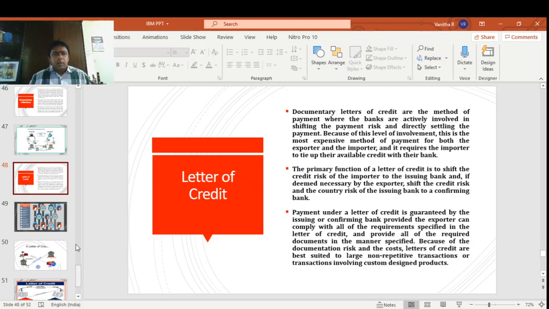So, like I've told you earlier, letter of credit is the most expensive, but it is 0% risk. It is a risk-free mode, guaranteed.